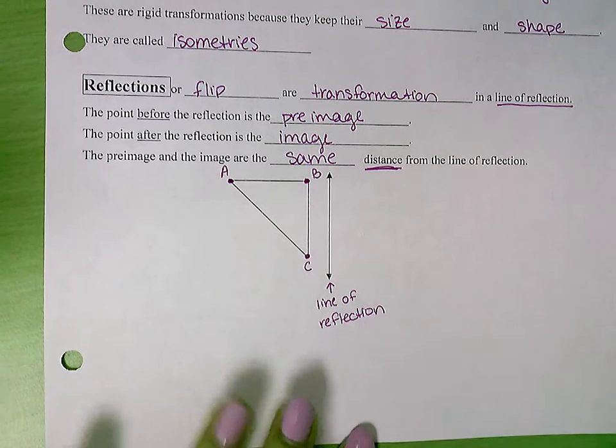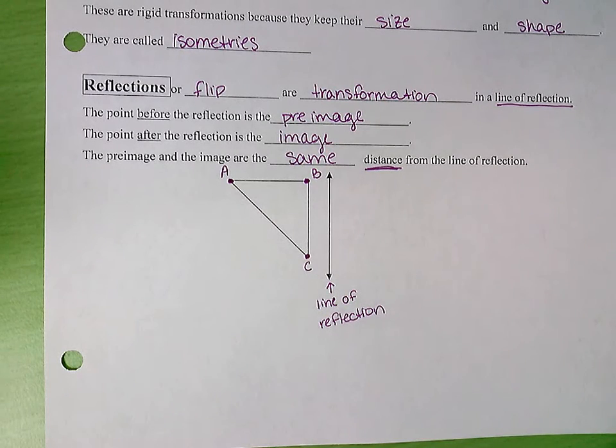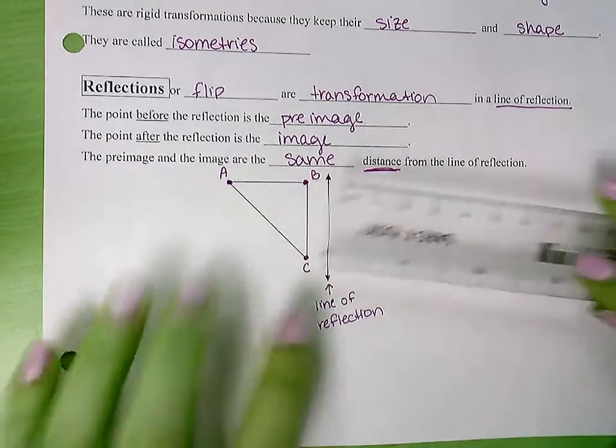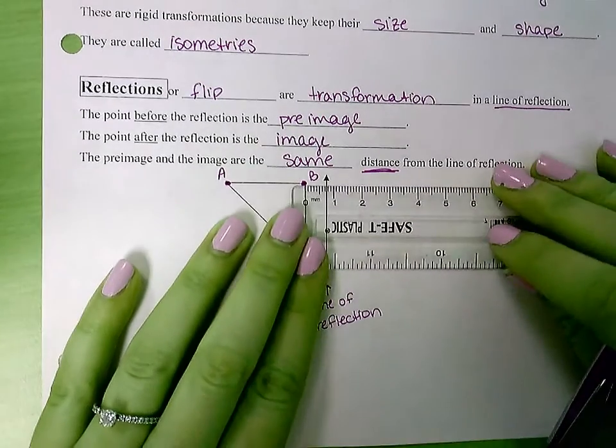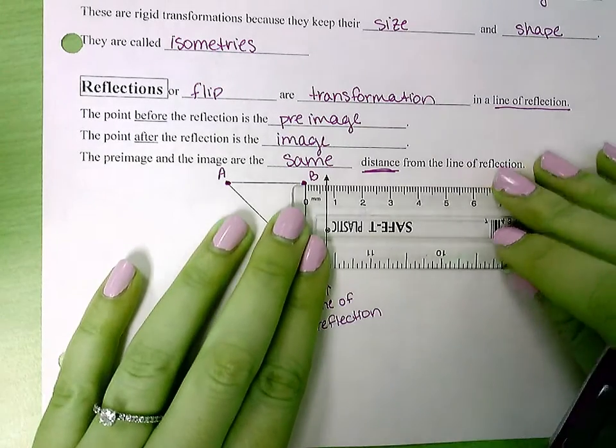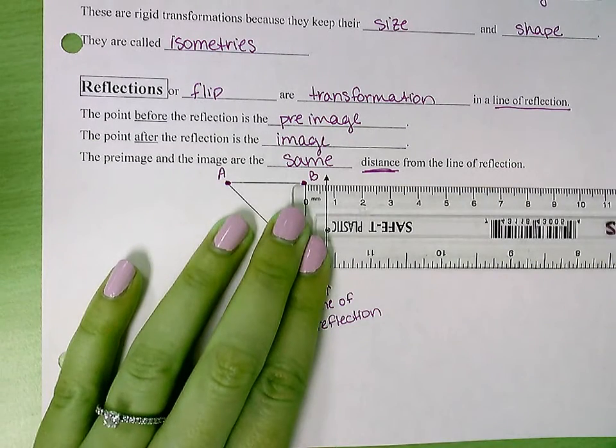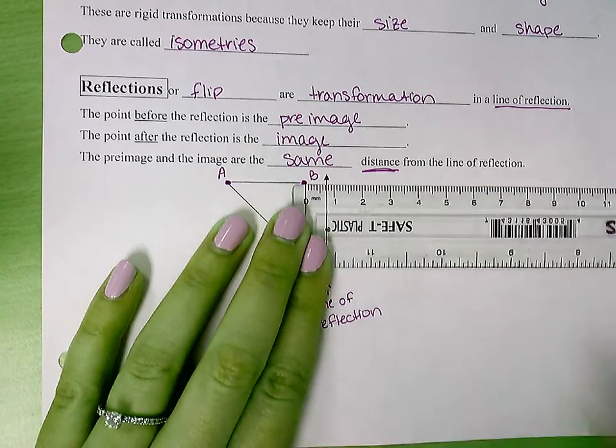Again, you do need a line of reflection to reflect that pre-image. Since each of those points has to be the same distance from that line, you're going to take your ruler, and I'm going to do point B first. I'm going to measure how far away point B is from that line of reflection.